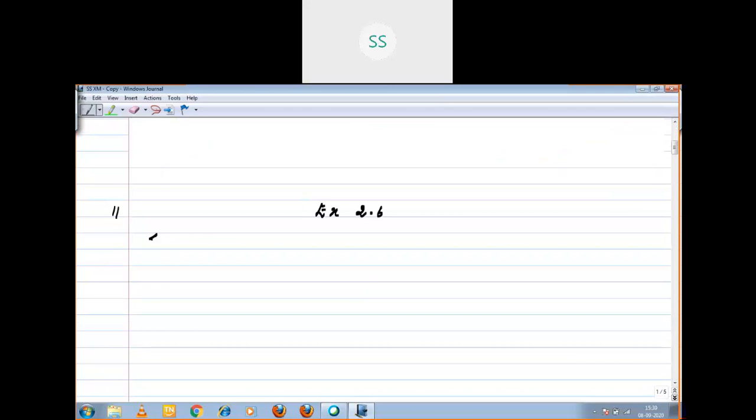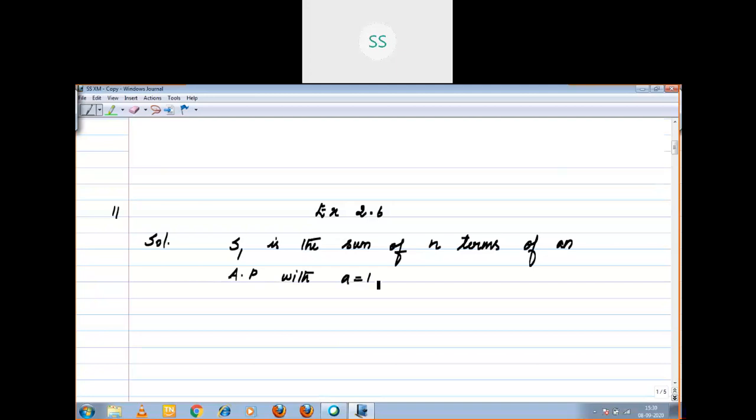Solution. First, S1 is the sum of n terms of an AP with first term A equal to 1 and common difference also 1.